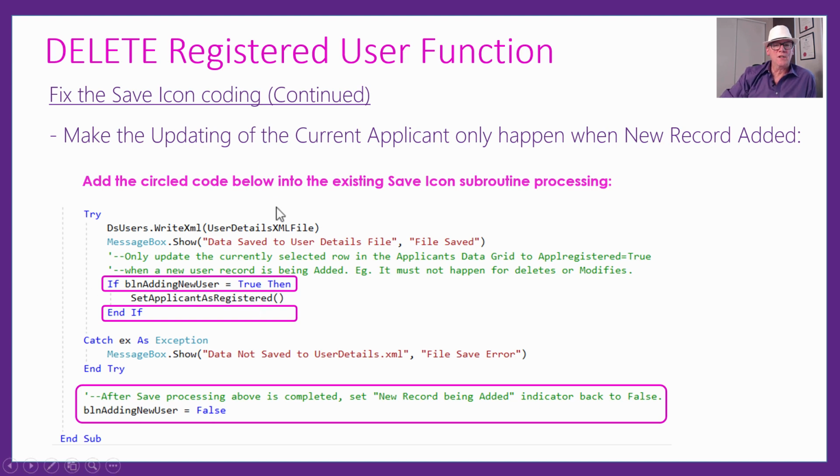And then what we also need to do is, after this is finished, we need to just set adding new user to false, because we finished adding a new user and setting up their application registered to true. So we need to turn that flashing light on the desk off because the job's been done now, all right? So we do that as well. So you need to carefully add that code into the current save icon subroutine processing.